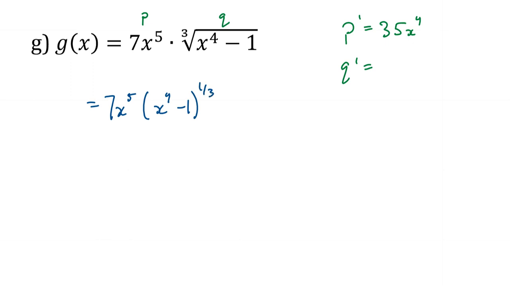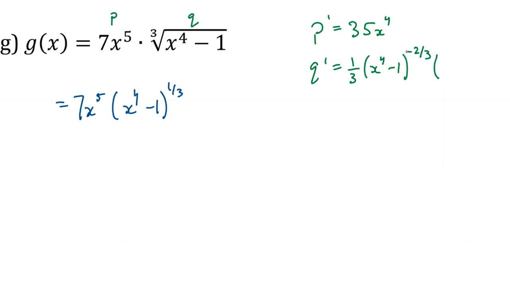So that's to the 1/3, right? Which makes Q prime 1/3 x to the 4th minus 1 to the negative 2/3 times derivative of what's inside? 4x to the 3. Very nice.